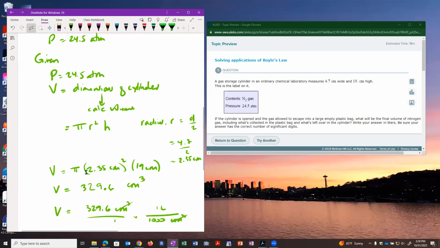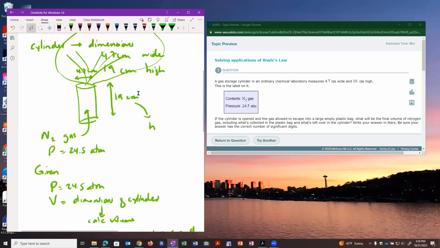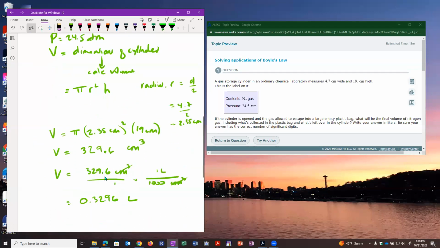Divide by 1,000, so we end up with 0.3296 liters. Now, in this calculation, our height was 2 sig figs and our diameter was 2 sig figs, so really this should have 2 sig figs, but we're keeping extra digits so that we don't round prematurely.